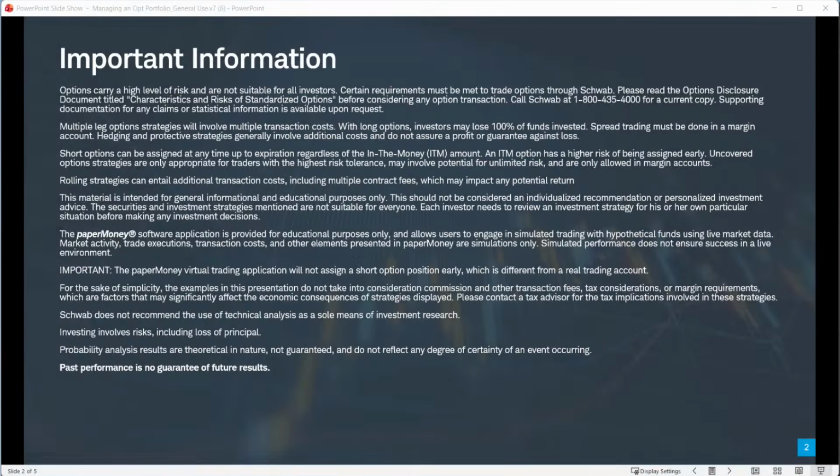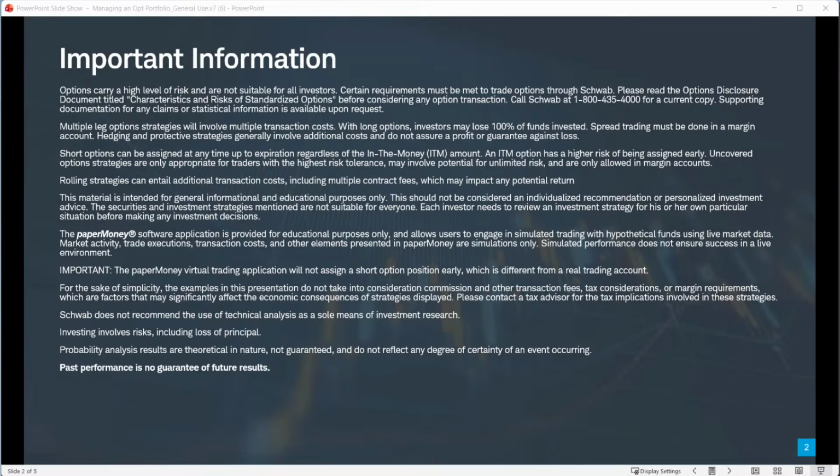Now, options do carry a high level of risk and are not suitable for all investors. Multi-leg option strategies will involve multiple transaction costs. The paperMoney software application is provided for educational purposes only. It doesn't assign short options early, so that's something you've got to be careful of, because in your live account there is a difference.